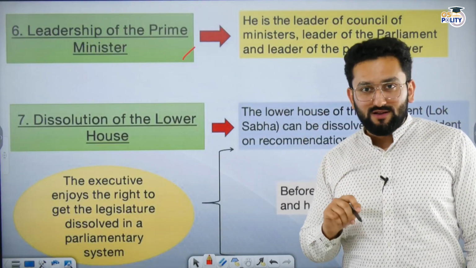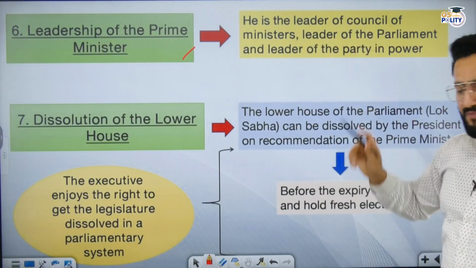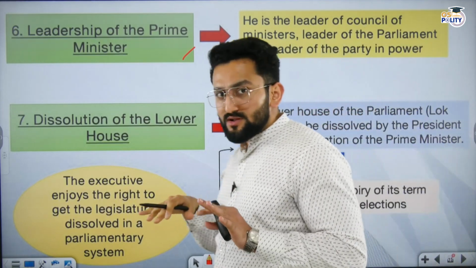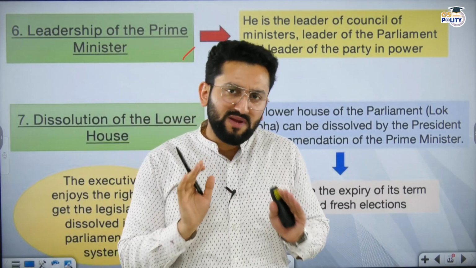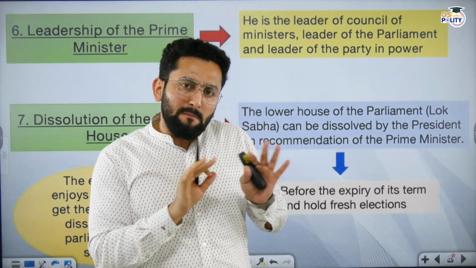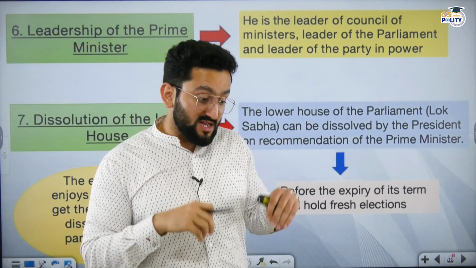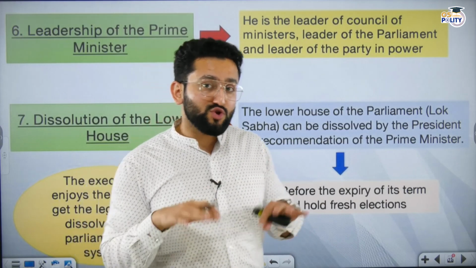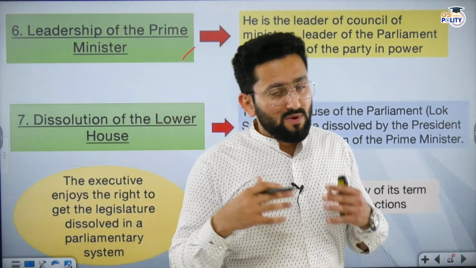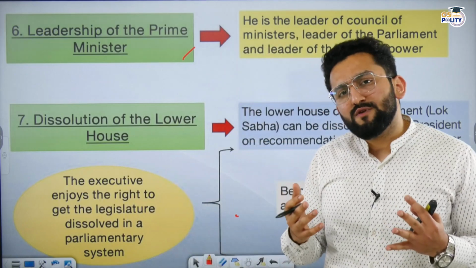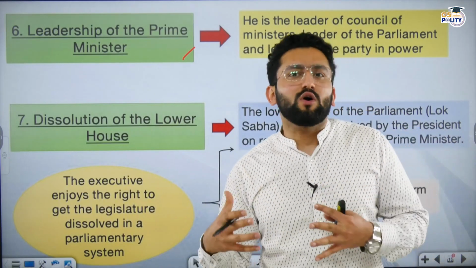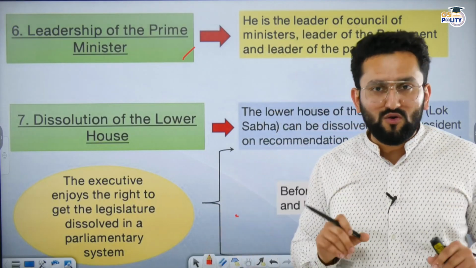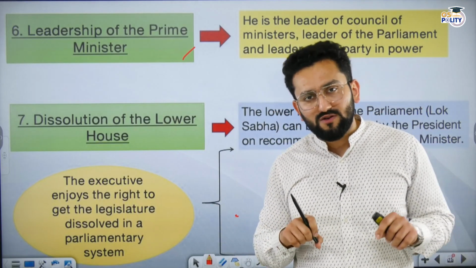Leadership of the minister. So the prime minister is considered as the leader. Although the word prime minister comes from the phrase primus inter pares, which means main among equals. It means in responsibility you are main, but when it comes to stature you are equal. But if we look into the case of the British parliamentary system, we find that their prime minister is quite strong compared to other members of the council of ministers.